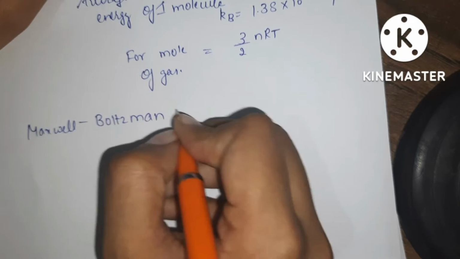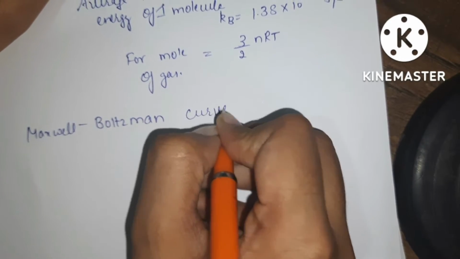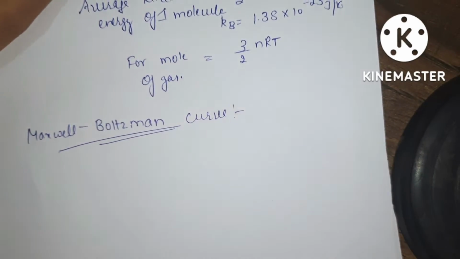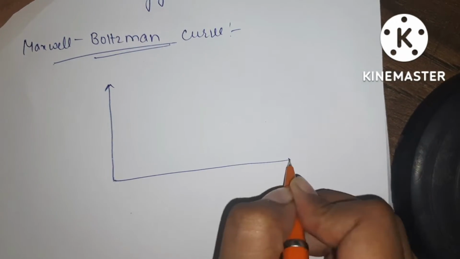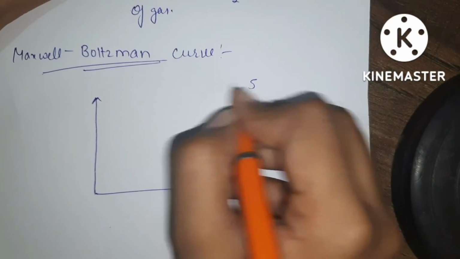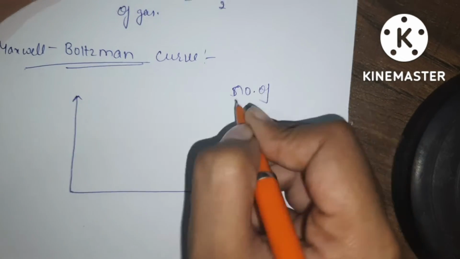So the Maxwell distribution curve, as you know, in a class, suppose there are 50 students. Number of students is equal to 50.